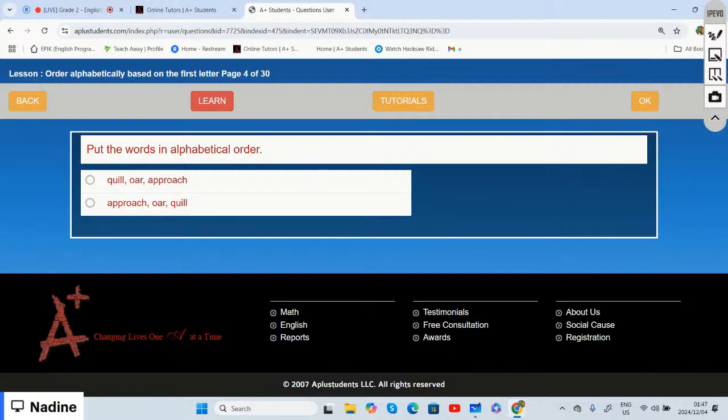So is it option one or option two? Which one is correct?